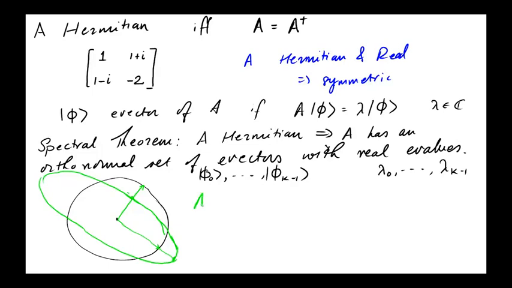Okay, so A maps the unit sphere, in this case a circle, into an ellipse, and the unit sphere into an ellipsoid, where there are k principal axes whose lengths are given by these eigenvalues, and then you have this kind of object, except maybe in 3 space or 4 space or whatever you have.